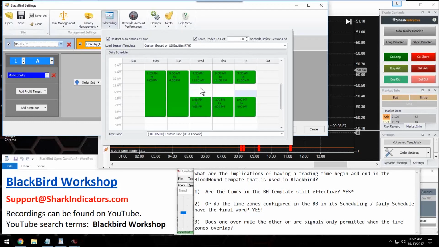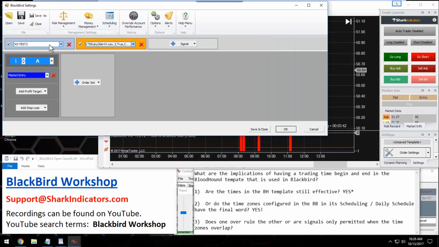So Blackbird is doing its own secondary check of whether it can take a trade or not, based on Blackbird's scheduler, right? Just think of it that way: Blackbird doesn't know what Bloodhound is doing internally.